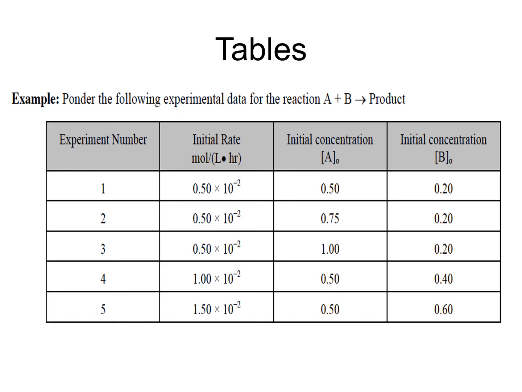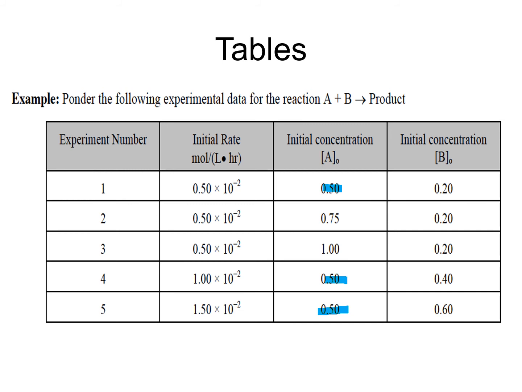So this is an example of an experimental design. We perform 5 separate experiments. Sometimes we are changing the concentration of A. You see there are 3 experiments in which it is 0.50, and then in experiment 2 it is increased a bit, and in experiment 3 it is doubled.